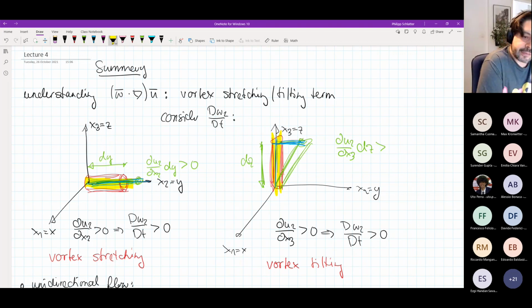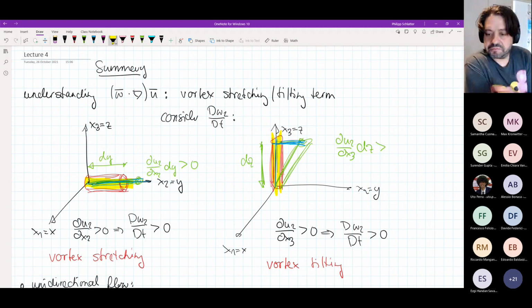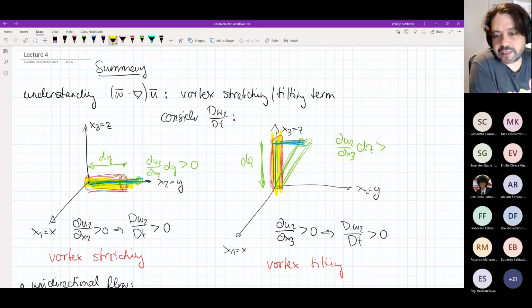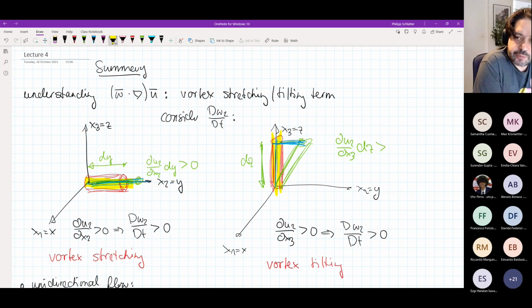So we started to talk about the vorticity equation, the vorticity transport equation. We remembered that this is a compatibility condition to make sure that we have a computable pressure. But there was one aspect in the vorticity transport equation that we were puzzled about, and that was this interesting additional term that appeared in the equation.